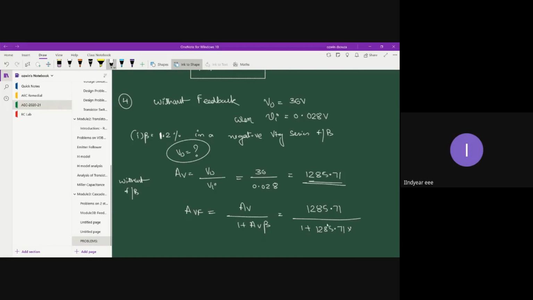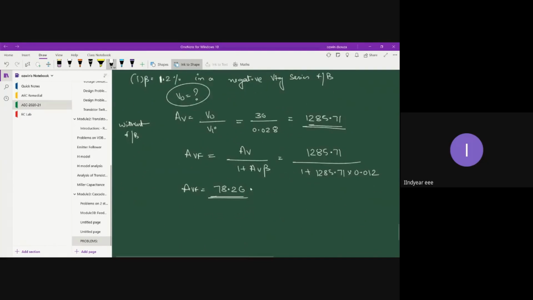Beta is 1.2%, so that is 0.012. So how much will you get? AVF you will get as 78.26.